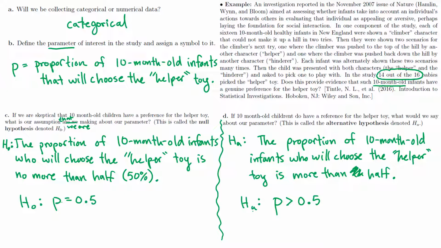And so there's a presumption of innocence, and only if the evidence that the prosecution presents is really compelling, the term is beyond a reasonable doubt, only then do we change our mind from innocent to guilty. So it's the same thing here. The null hypothesis is like assuming that the defendant is innocent. And the alternative hypothesis, we can only switch to that if the data is really, really compelling for us to do so.